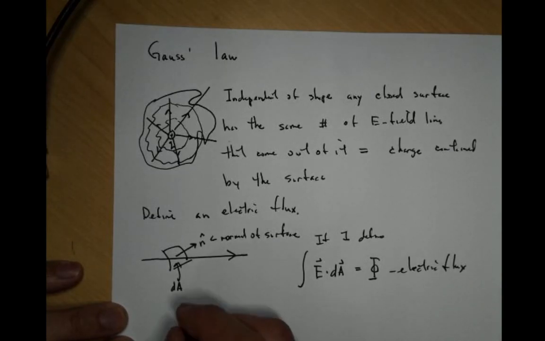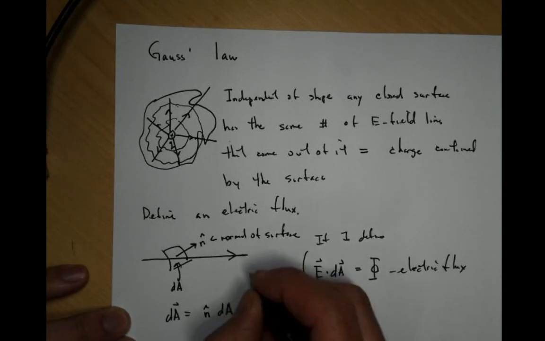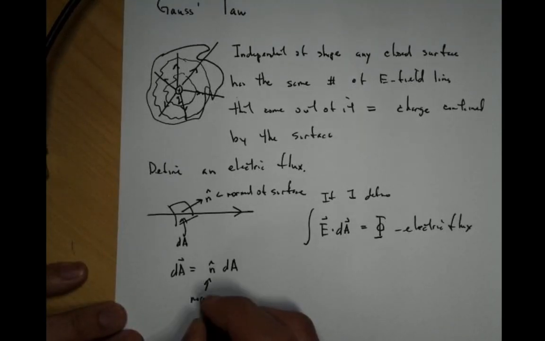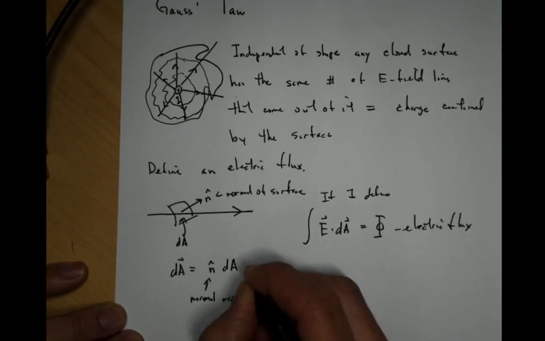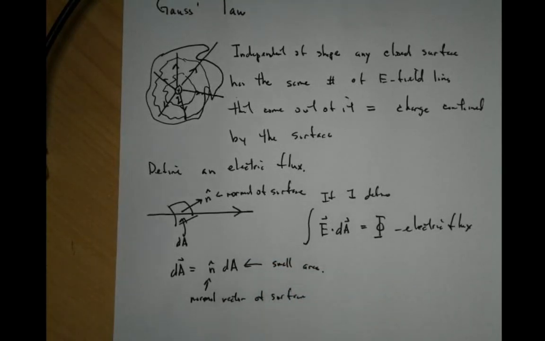And dA vector is just equal to n hat dA, where n hat is the normal vector to the surface and dA is the small area. Generally we're talking about curved surfaces, so it's always useful to think in terms of curved things.